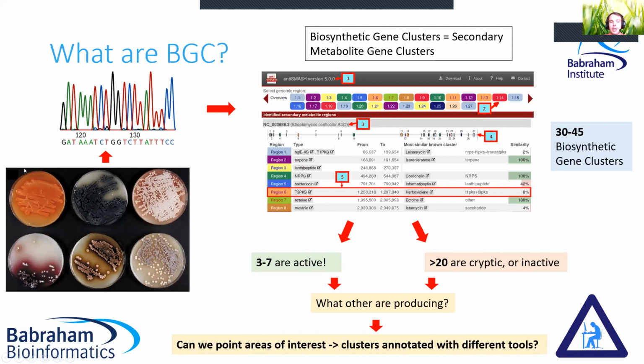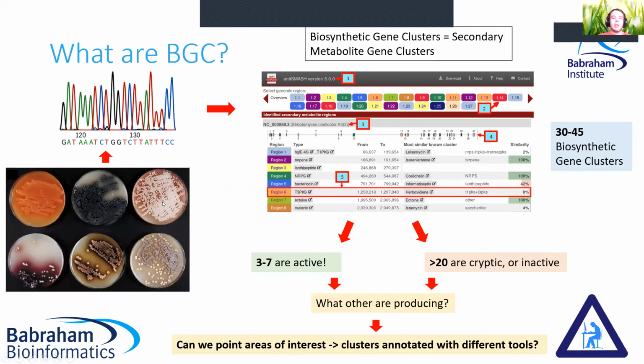And actually, those metabolites, for example, antibiotics, can be visualized because they color the media of the bacteria. But in recent years, those bacteria began sequencing, and several tools for annotating those gene clusters from the genomic data became available.